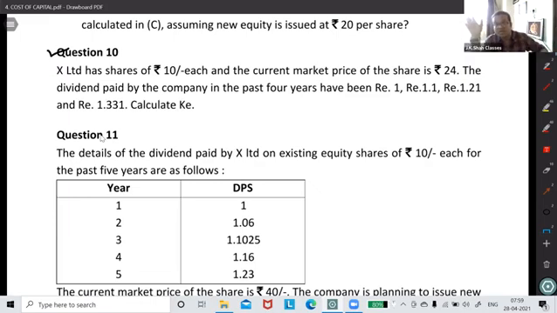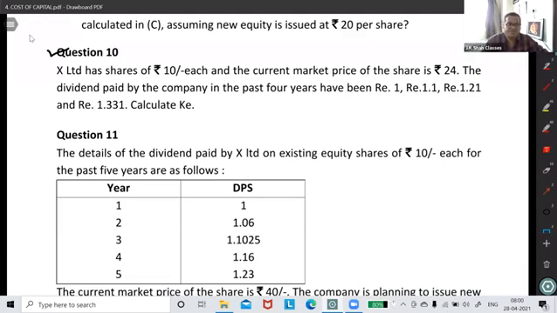Go through what we have written. Have we written that G can also be estimated by the past growth rates and taking an average of that? Correct. See, in the earlier questions that you saw, question number 2, question number 6, G was given to you. True, friends? G was given to you. Now it's going to be like this.